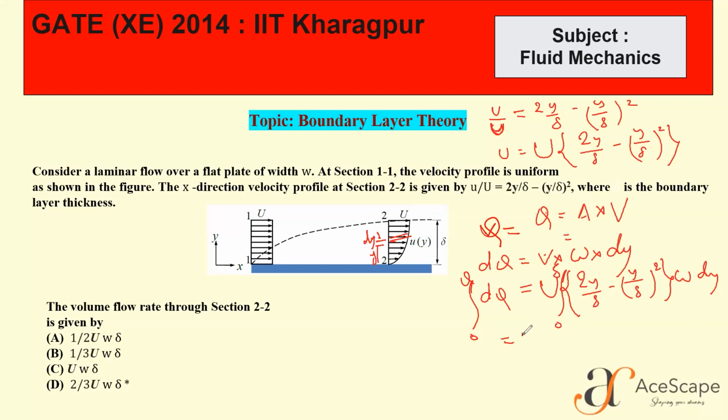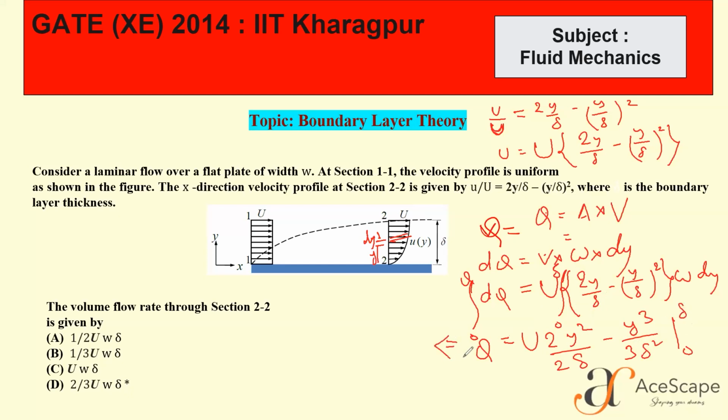So when you integrate it, what do we get? Here we get Q, and this is twice y square by twice del minus y cube by thrice del square, with limits from 0 to del.